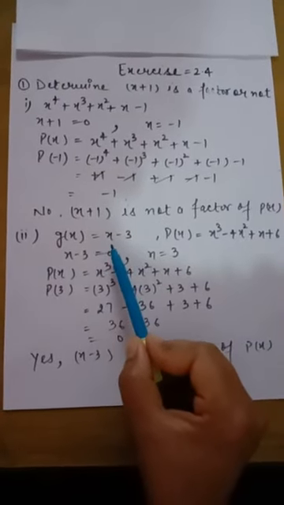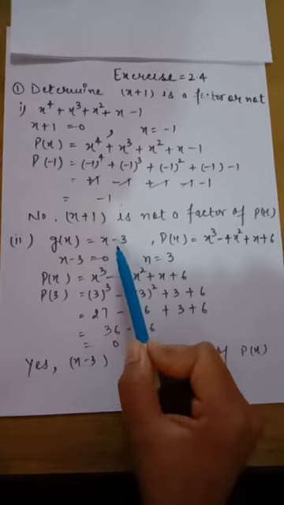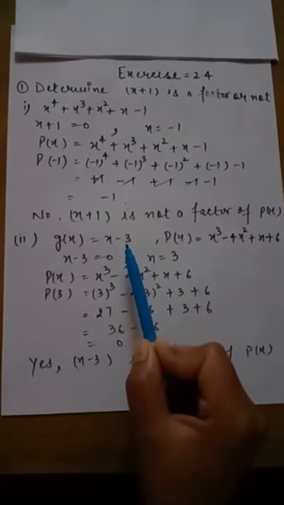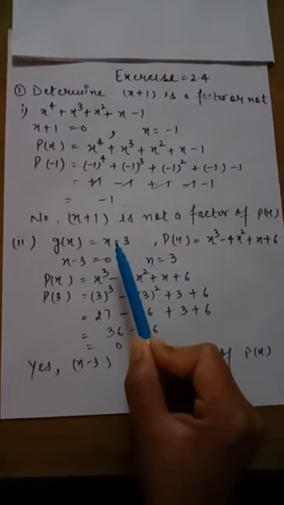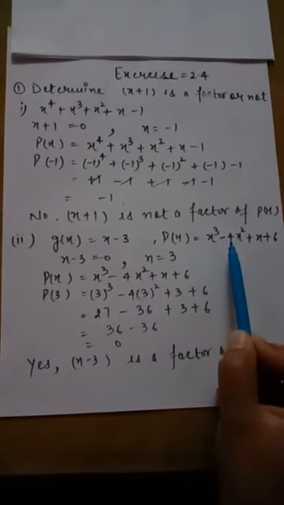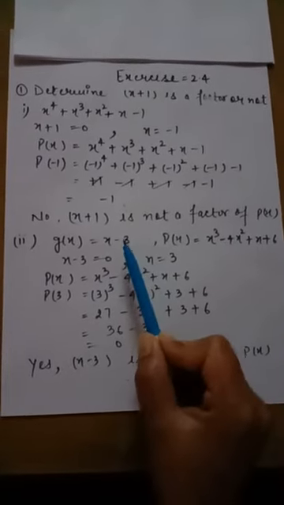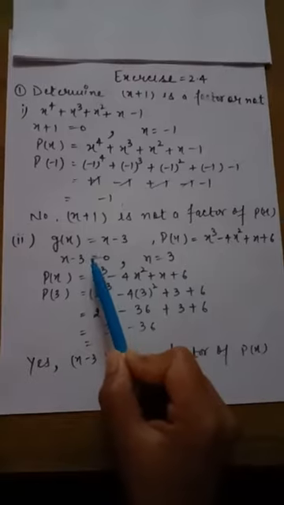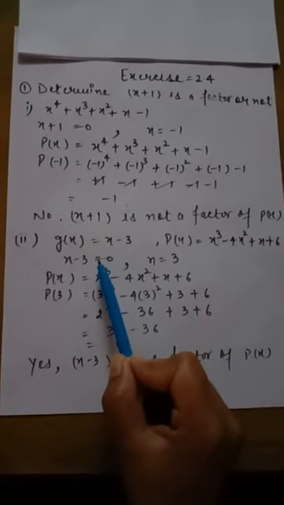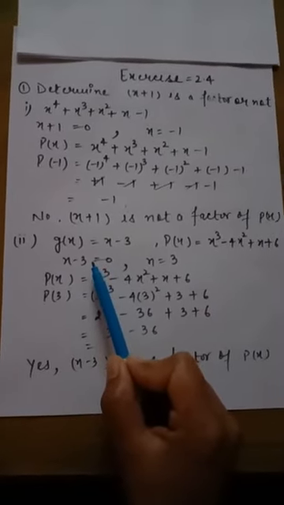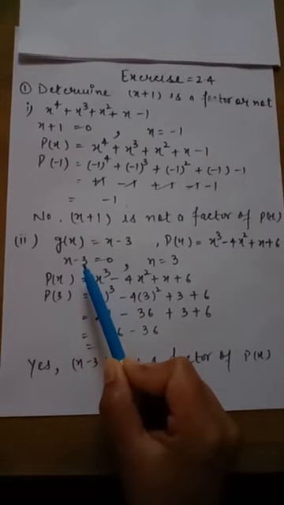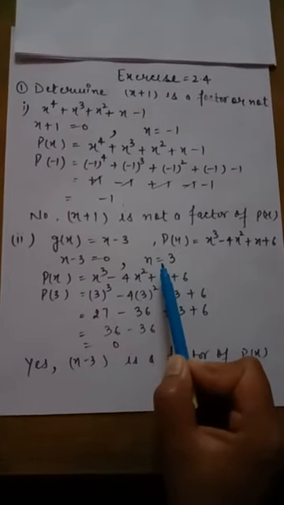Now I took another example, the second question from your exercise. Here g(x) is x minus 3, p(x) is given, and we are going to prove whether g(x) is a factor of p(x) or not. So again I will find the value of x from g(x). So I put g(x) equal to 0, then x is plus 3.